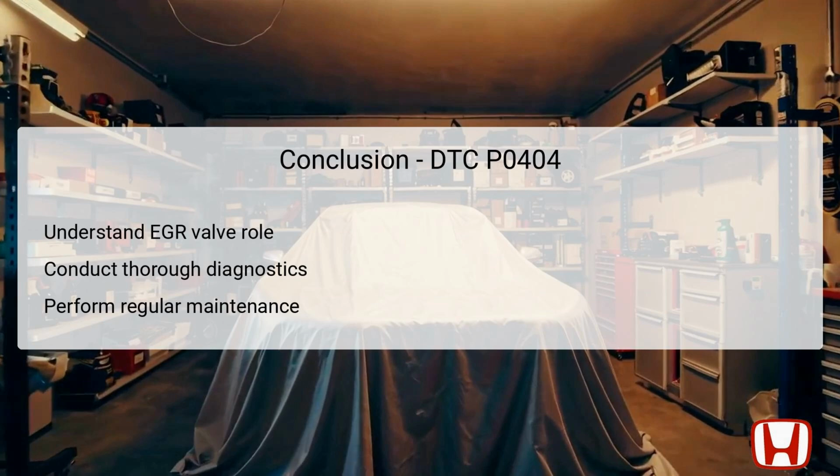Each troubleshooting step serves as a building block to ensure that both temporary and permanent fixes are applied effectively. Finally, committing to regular maintenance of the EGR system and its components will not only enhance performance, but will also prevent the recurrence of DTC P0404. By educating vehicle owners on these practices, we contribute to more efficient vehicles and lower emissions for a cleaner environment.